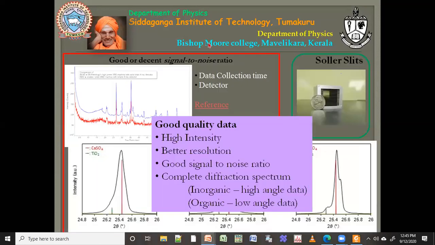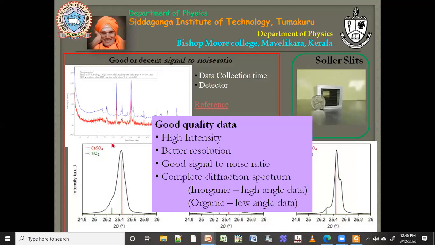Okay, here. For inorganic samples, it depends. If you are taking something like TaO2, you will start seeing peaks only after 10-15 degrees 2 theta. Below that you will not get any peaks, so you don't have to start from zero all the time.